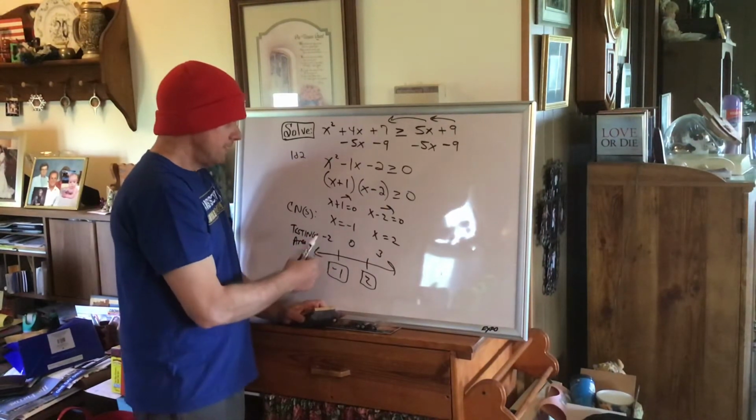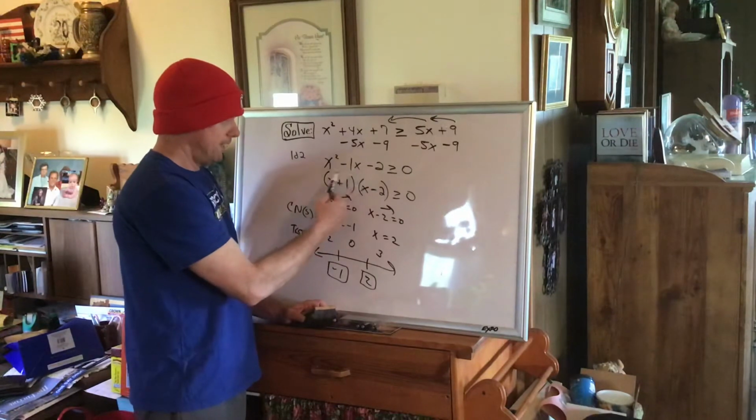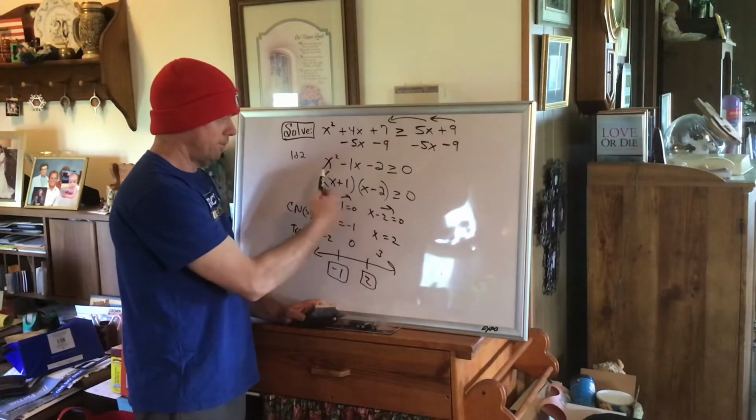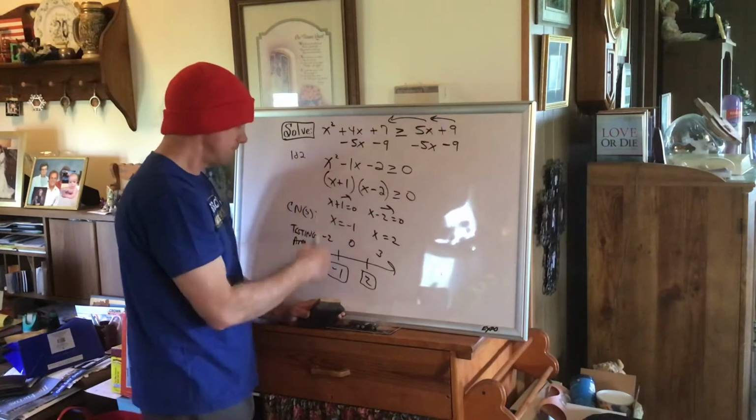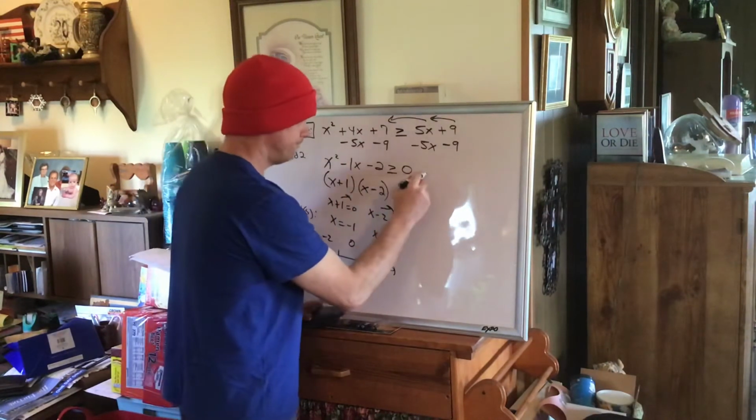So I'm going to test negative 2. You can either put it in right here or right here. It doesn't matter. I'm going to put it in right here. So I'm going to put negative 2 in for x and see if I get a true statement or a false statement.